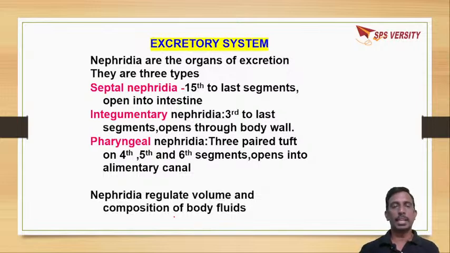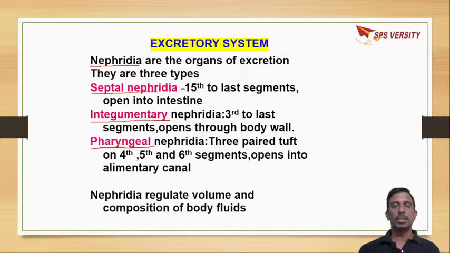And when you come to the excretory system, the excretory organs of earthworm are nephridia. There are 3 types of nephridia: septal nephridia, integumentary nephridia and pharyngeal nephridia.